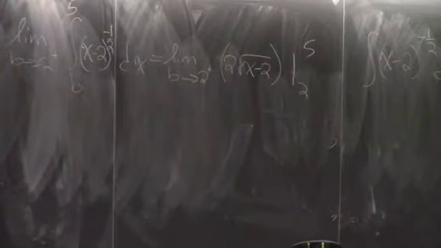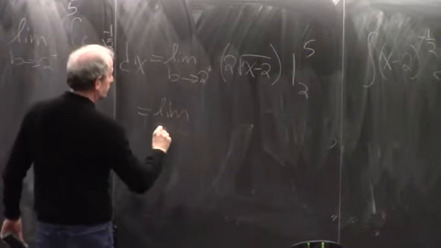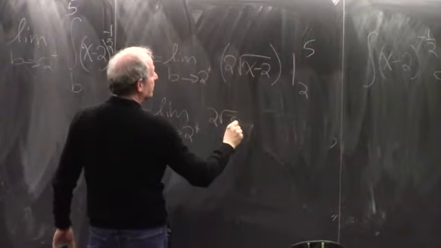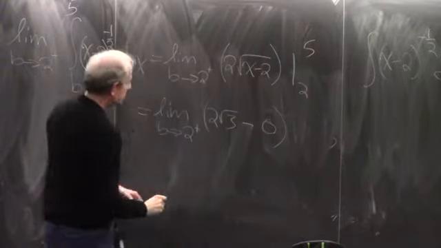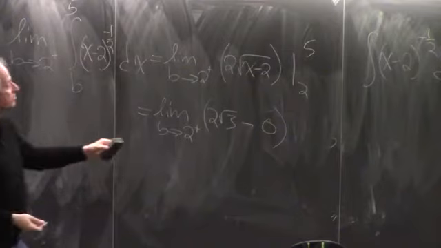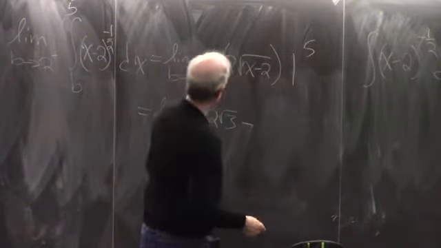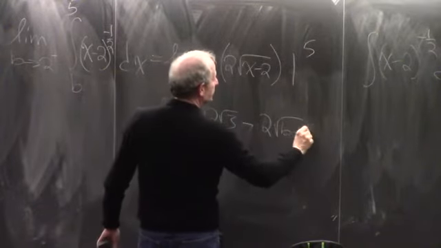So plug in the 5, plug in the b, and see what happens. When you plug in the 5, you get 2 radical 3, minus 2 radical b minus 2.